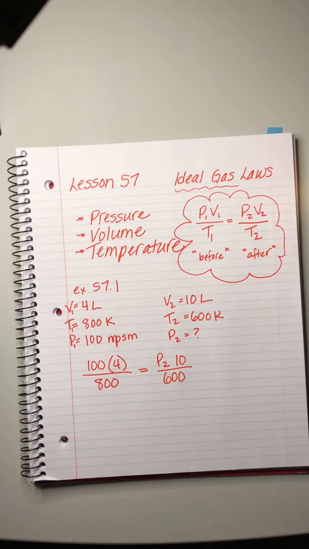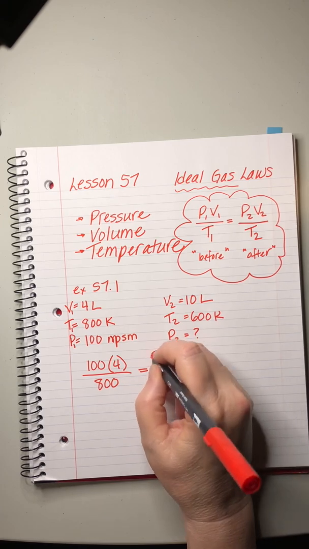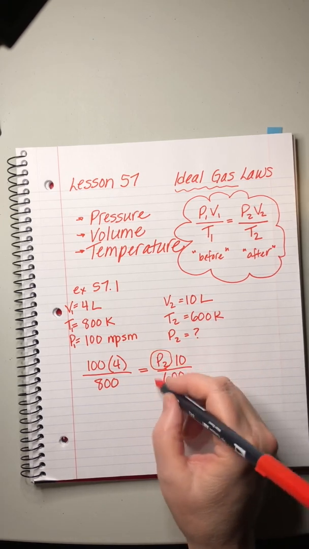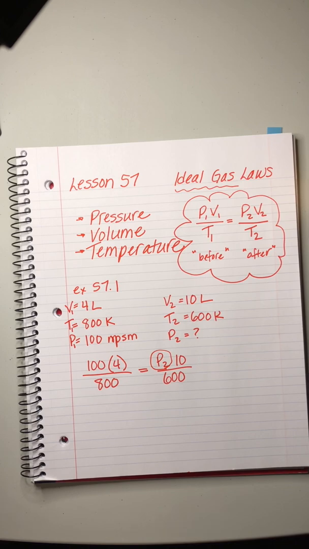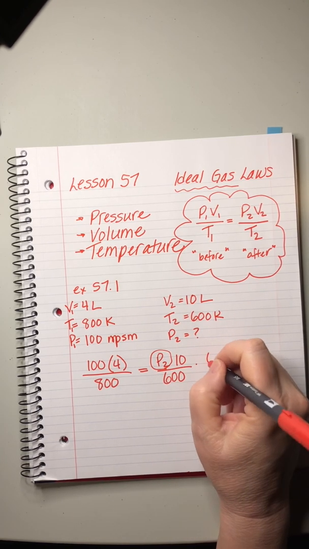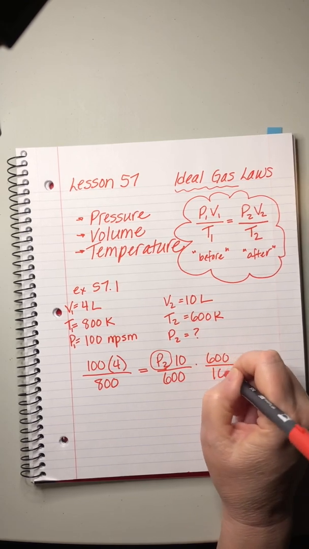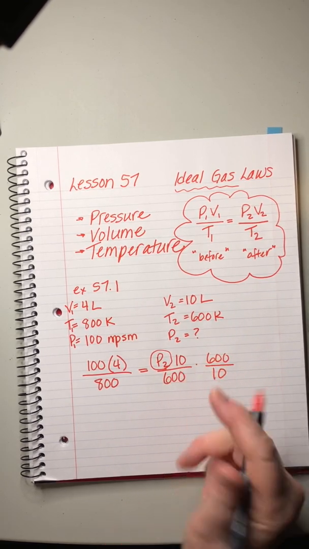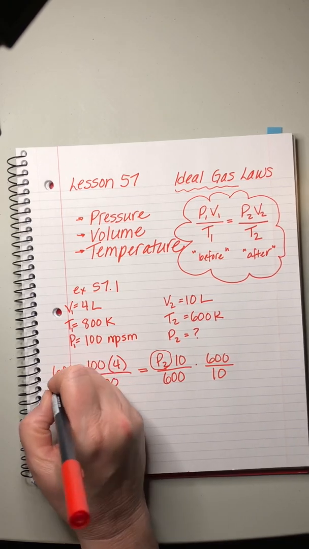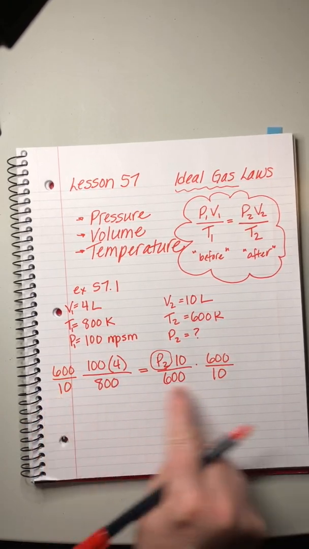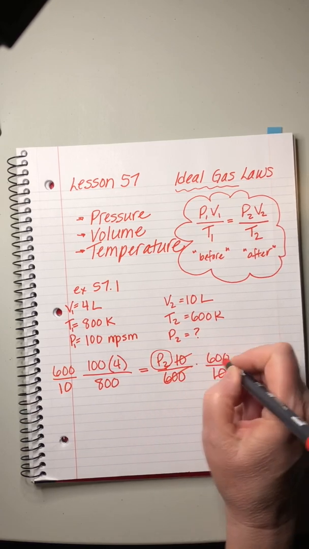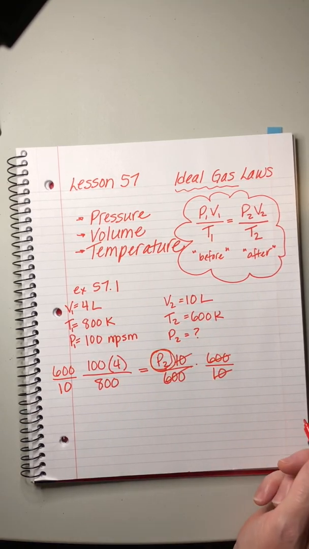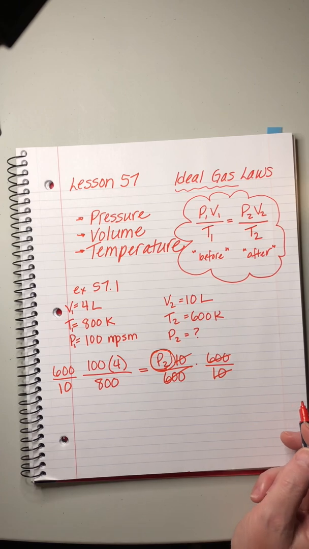Okay, so there's lots of ways we can do the math in this, but before I start multiplying anything together, let's find our variable and let's just unwind whatever's over here and get all the numbers on one side and simplify in one giant spasm of canceling. All right, we'll multiply by the reciprocal to cancel these, right? But then we're going to have to do 600 over 10 over there, right? Because that's the one on the outside. Cancel, cancel, cancel, cancel. P2's by himself. Yay! Oh, what progress.